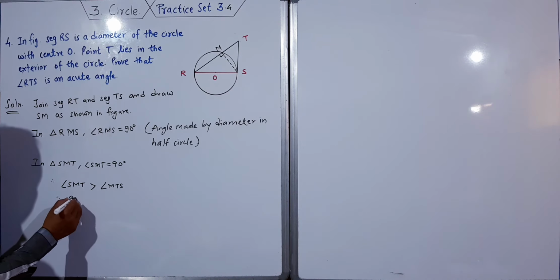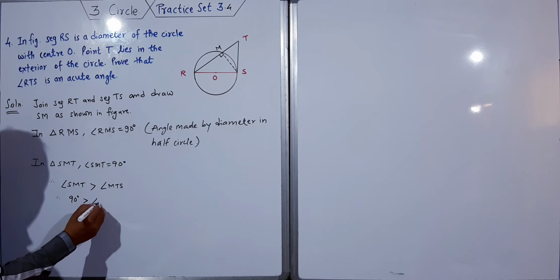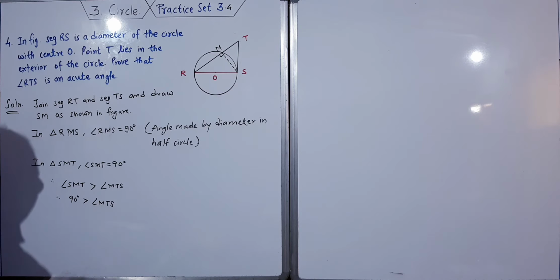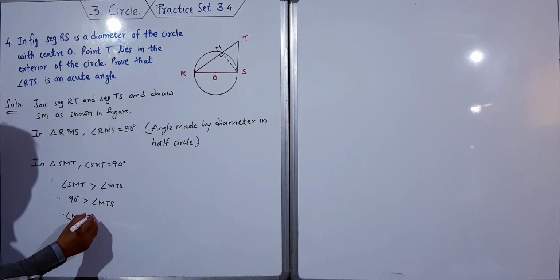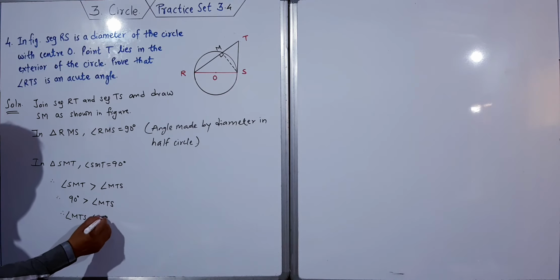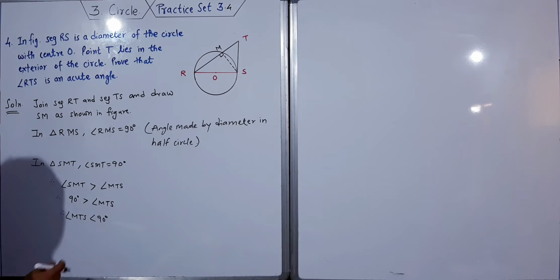So this 90 degrees is always greater than angle MTS. I am solving this by my way. So angle MTS is smaller than 90 degrees.